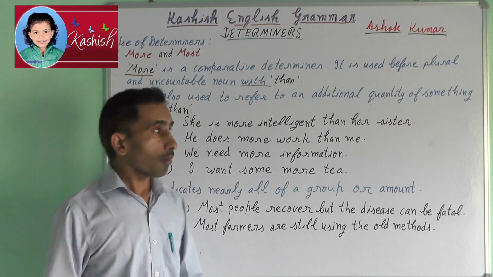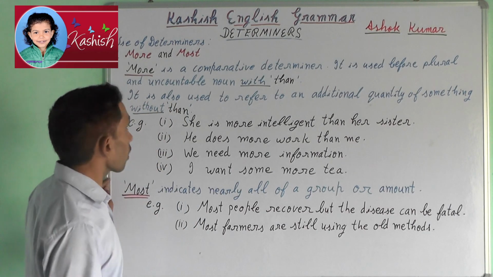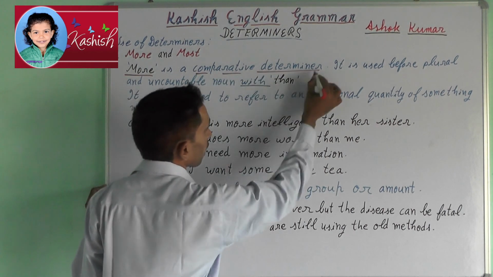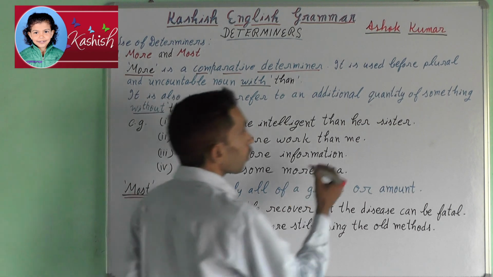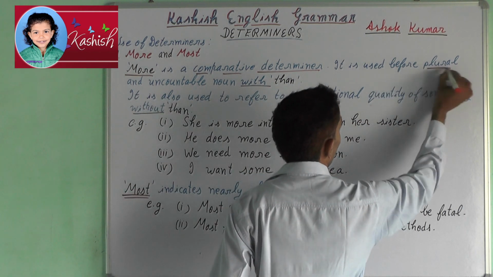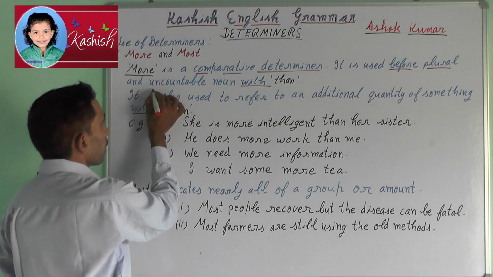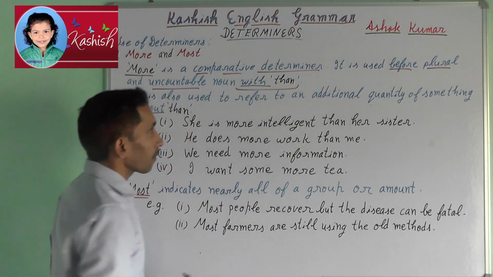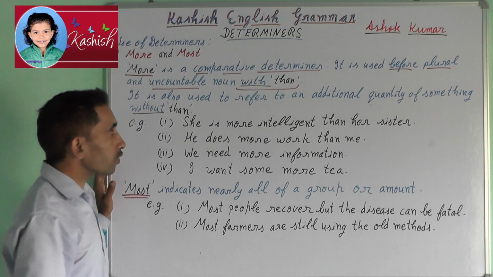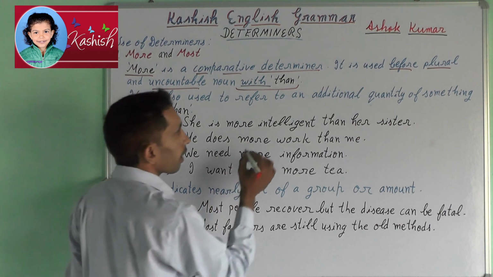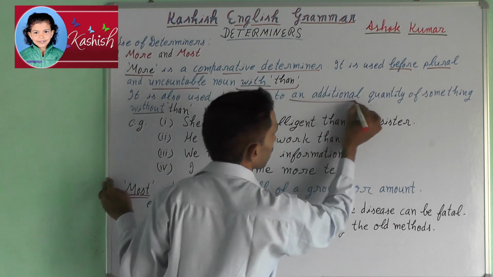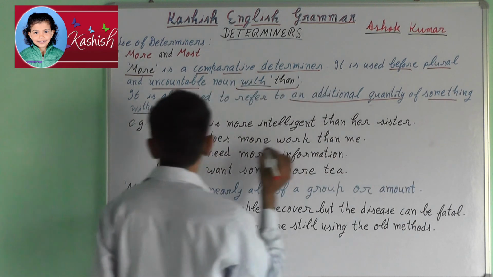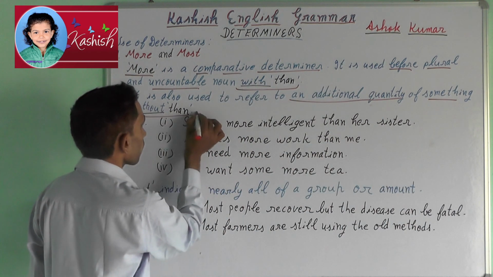Ninth, more and most. More is a comparative determiner. It is used before plural and uncountable nouns with than. It is also used to refer to an additional quantity of something without than.